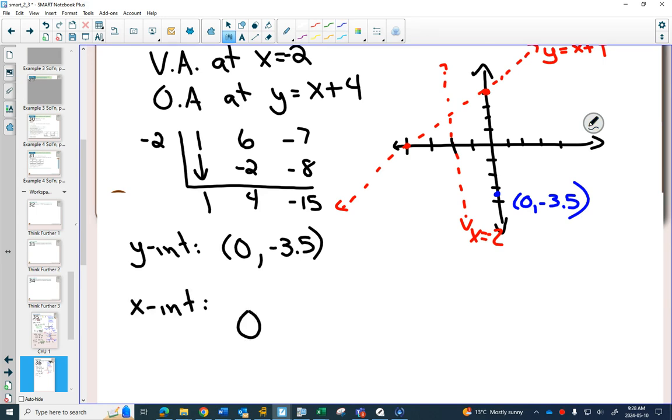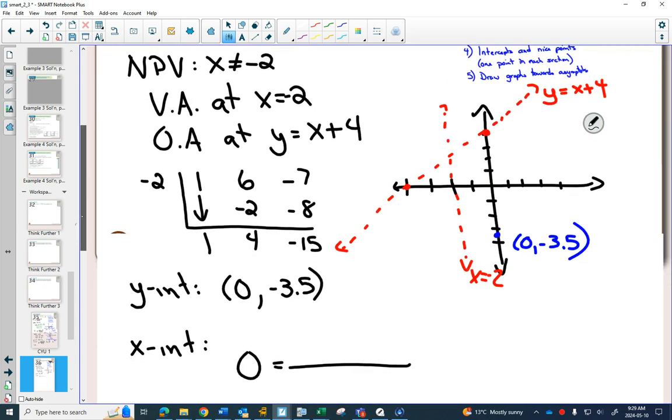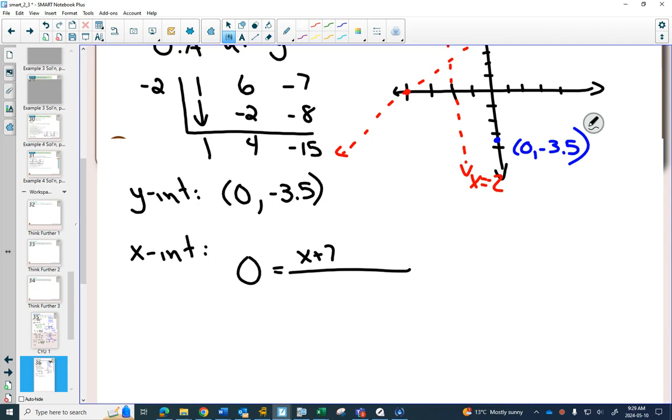X-intercepts, a little bit trickier, but not bad, especially if you've already factored, which we have. We had x plus 7, x minus 1 over x plus 2. And again, you can multiply both sides by x plus 2 to get rid of it. You're really solving where is the top equal to 0.